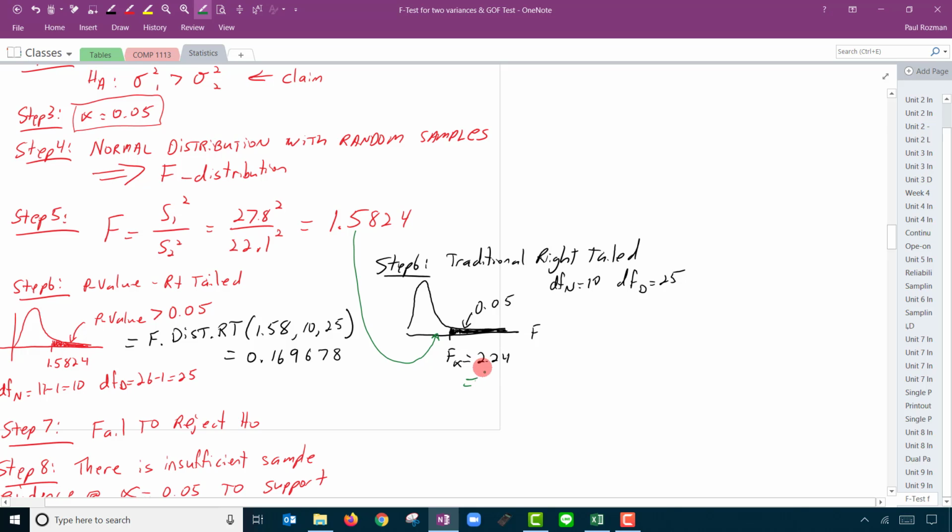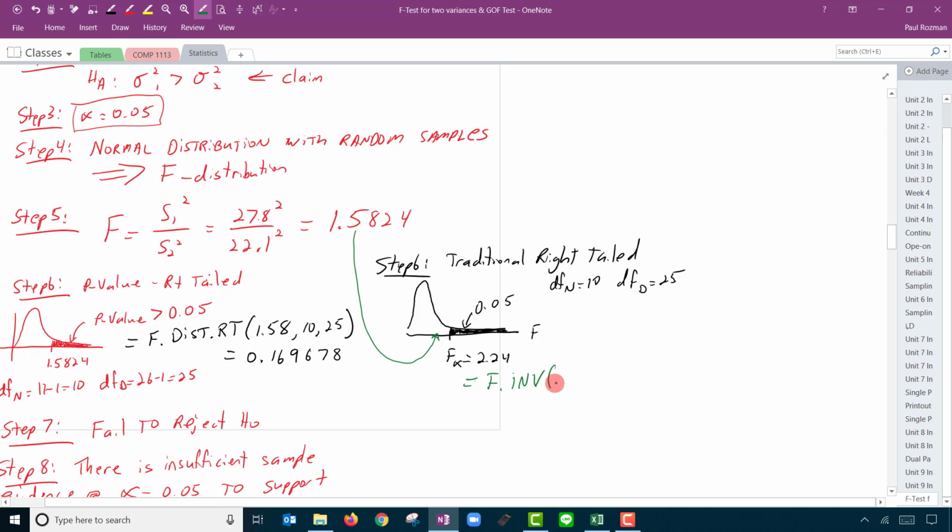In fact, if you wanted to get this number without the table, say you didn't have 0.05 and you were using alpha as 0.03, well, then you could use f.inv, and that will give you this value. But remember, the main function without the dot right is, well, they're always to the left in Excel.